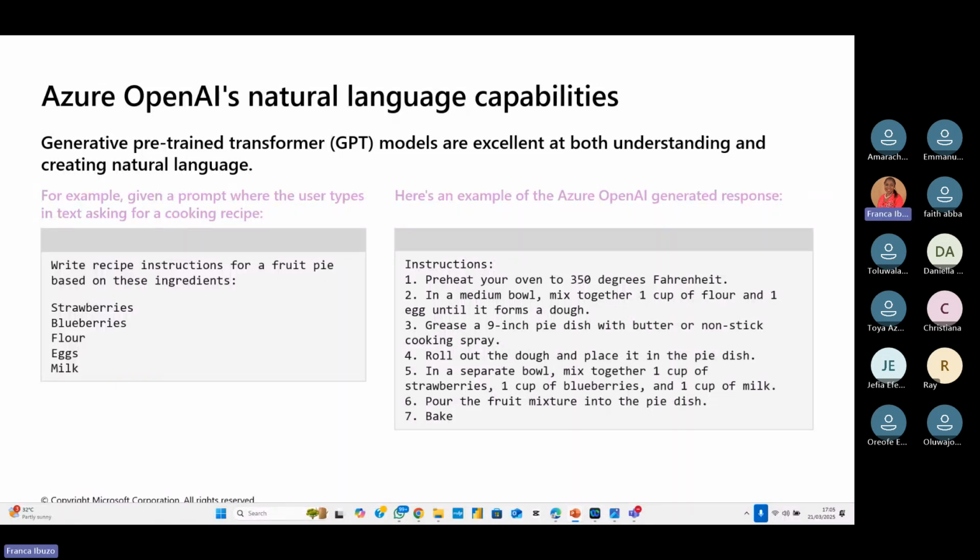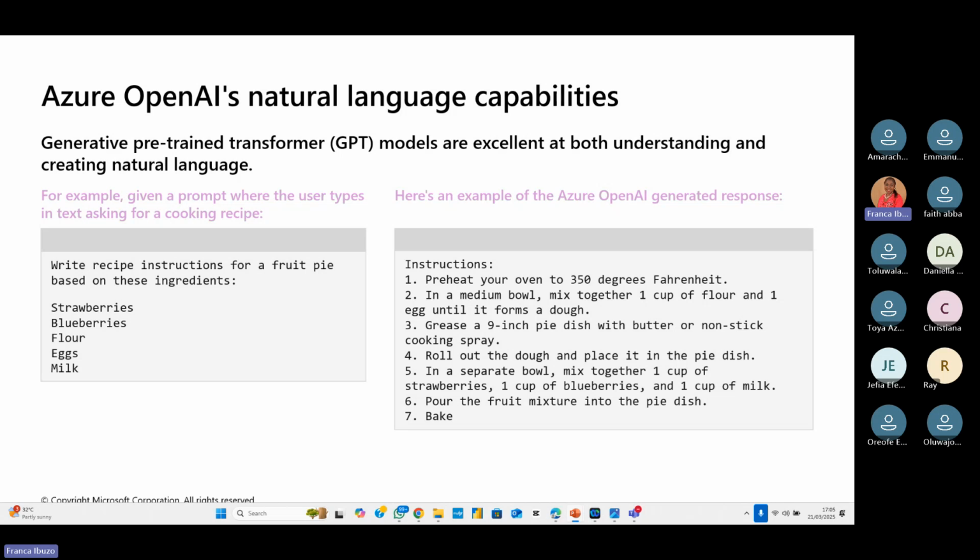Remember what we said about natural language: it's like the English that you speak. For example, given a prompt where the user types in text asking for a cooking recipe, like this example: write a recipe instruction for a fruit pie based on these ingredients: strawberries, blueberries, plum, eggs, and milk. And here's an example of the Azure OpenAI generated response.